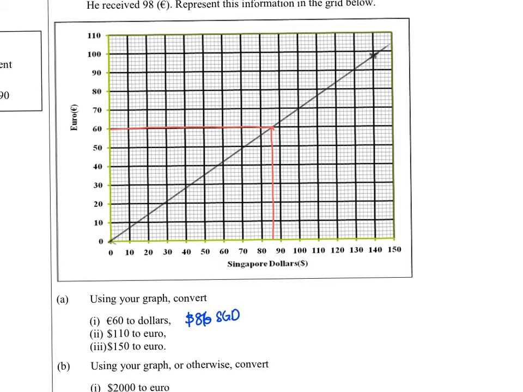Next one, convert $110 Singapore dollars to euro. So from our Singapore dollar axis, 110 is here. Okay, the number's not very nice, so it's in the middle.